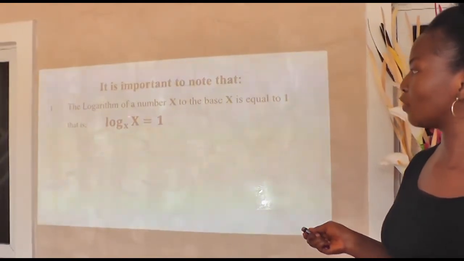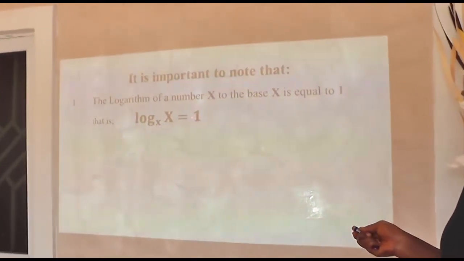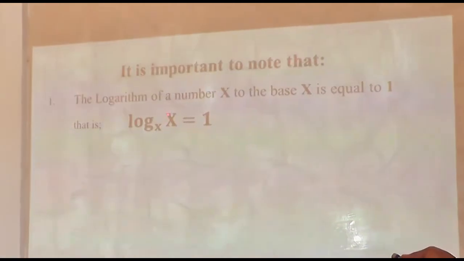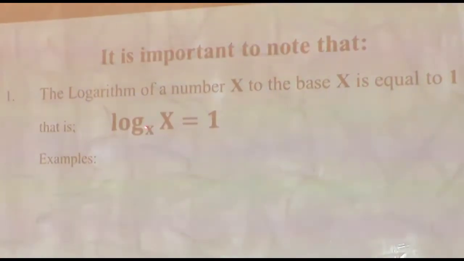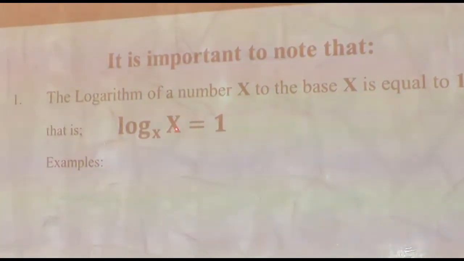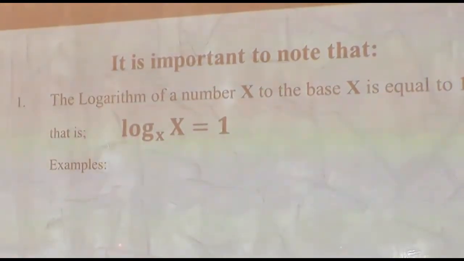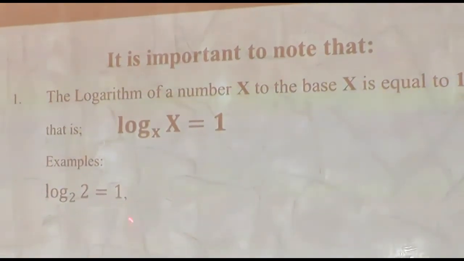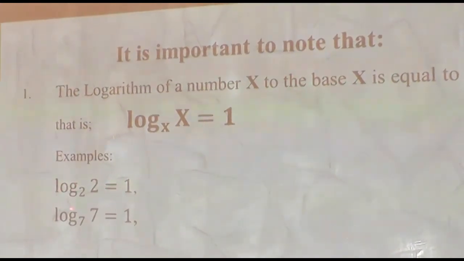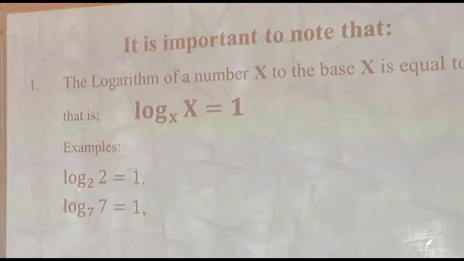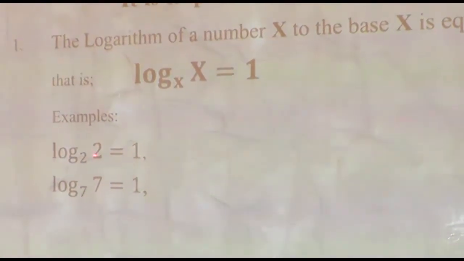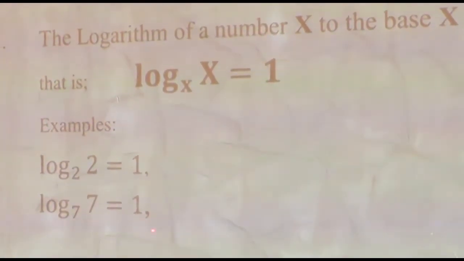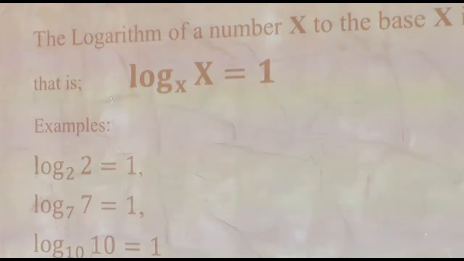Look at this, we have log x to base x is equal to 1, because whatever x is, when x is raised to the power of 1, it will simply give x itself. So anything raised to the power of 1 is still that thing. Also, log 2 to base 2 is equal to 1, because 2 raised to the power of 1 will give 2. 7 raised to the power of 1 will give 7 as well.